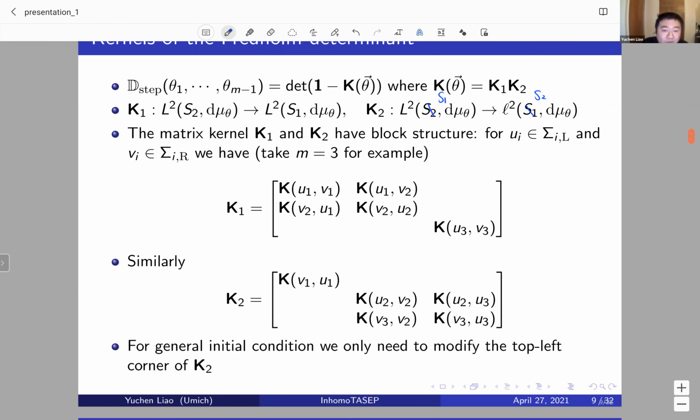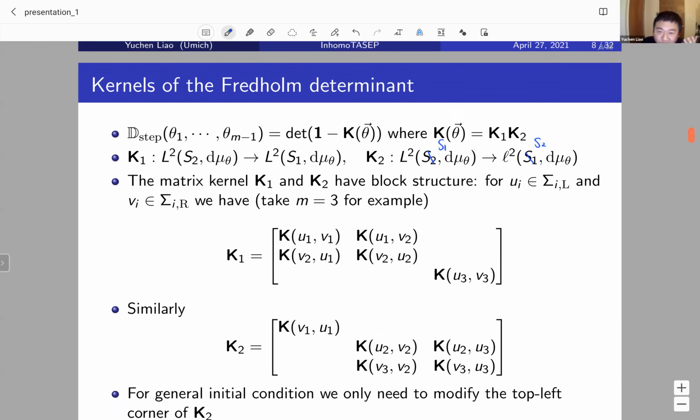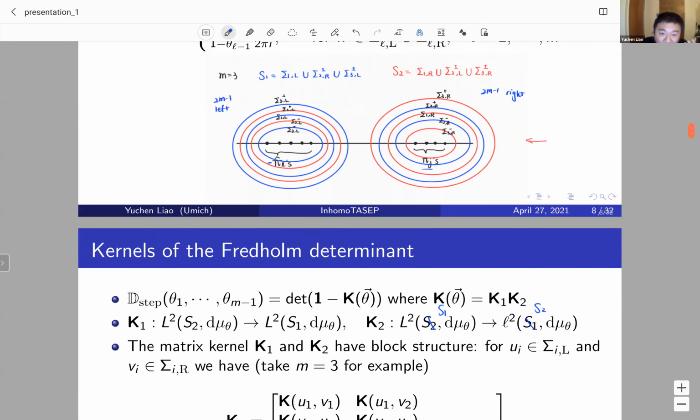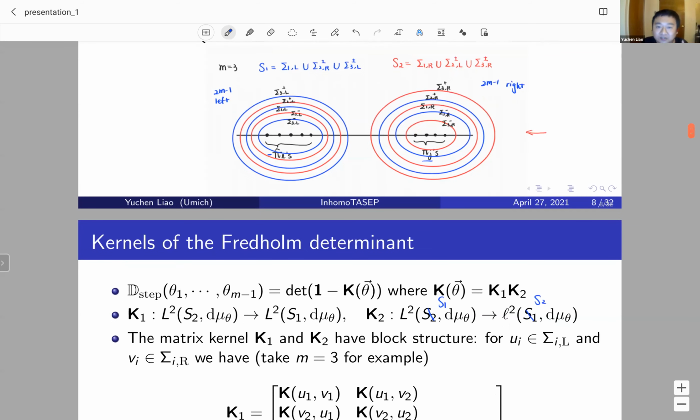What happens? What is the kernel? The kernel is more or less similar to what you would expect to see in the one point case, but there are extra interactions. In the one point case you only have the interaction between the left and the right contour essentially. So it's a scalar kernel.